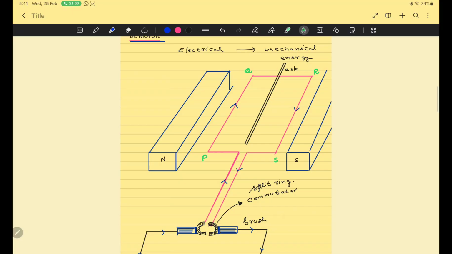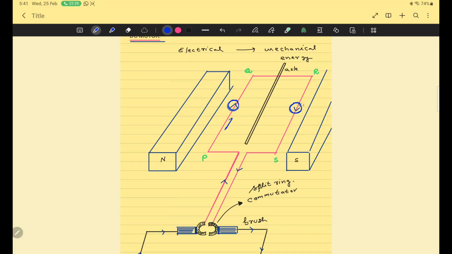As current passes through the coil, each side will experience magnetic force. We have studied in the last class that when current passes through a wire, it experiences a magnetic force. But you can see the direction of current in the two sides is opposite.